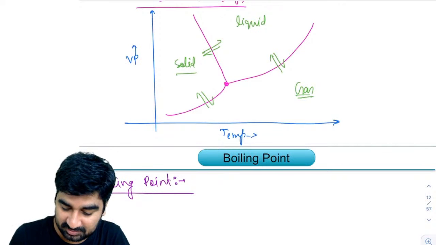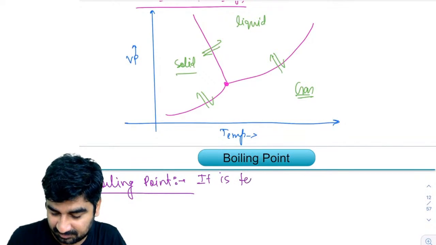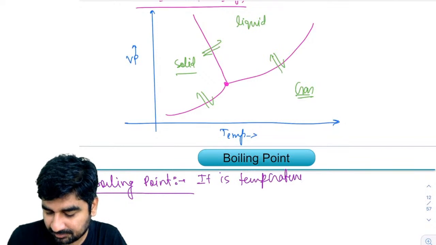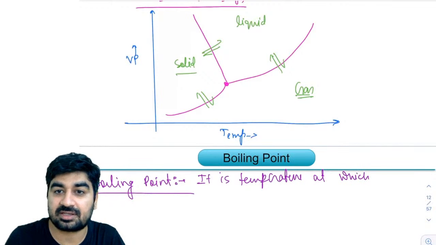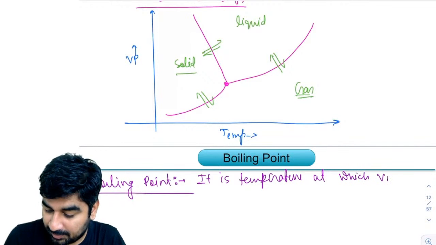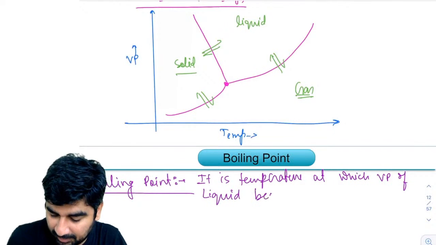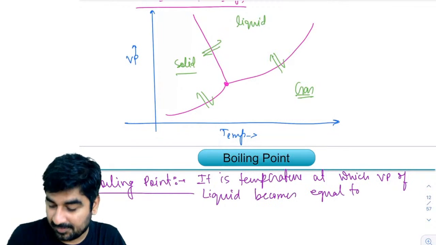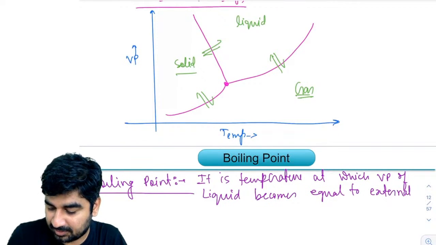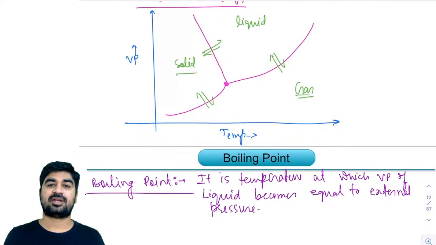So what is boiling point? It is the temperature at which vapor pressure of liquid becomes equal to external pressure.